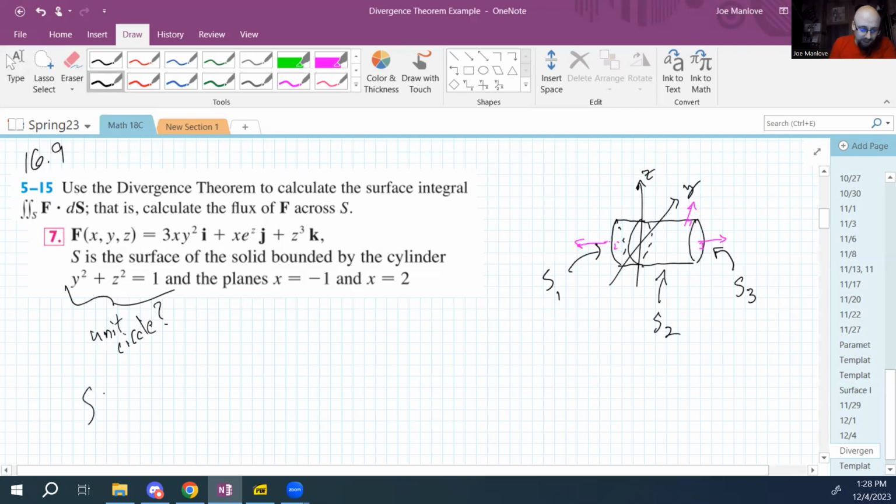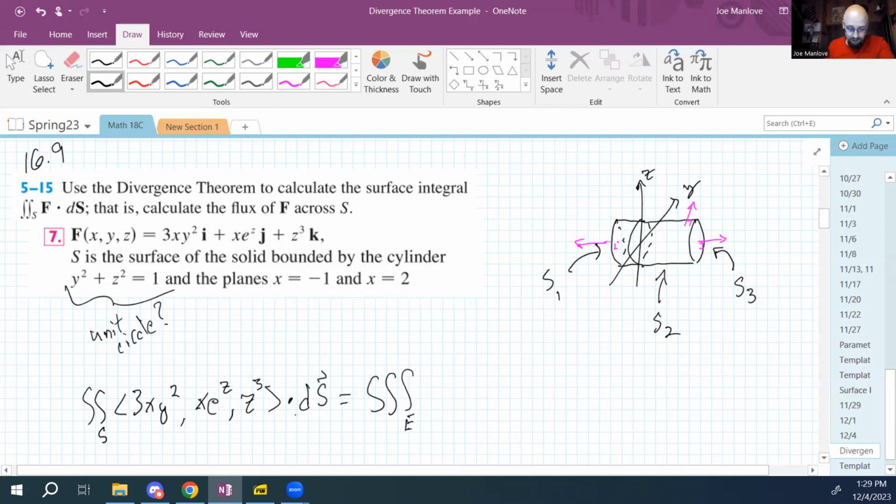So I'm going to say the double integral of this junk, 3xy squared, comma, x e to the z, comma, z cubed, dotted with dS over my surface S is actually equal to the triple integral over the interior of the divergence of that, d volume, and the divergence of that thing is 3y squared plus 0 plus 3z squared, I guess.